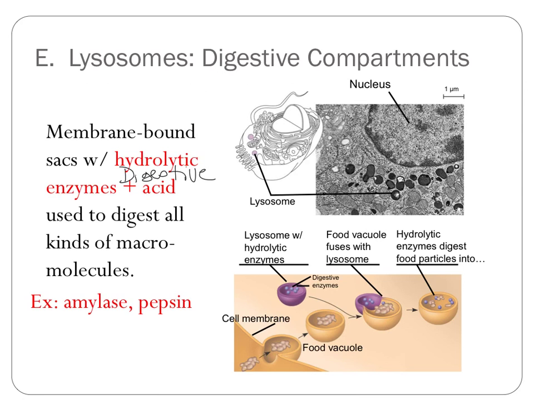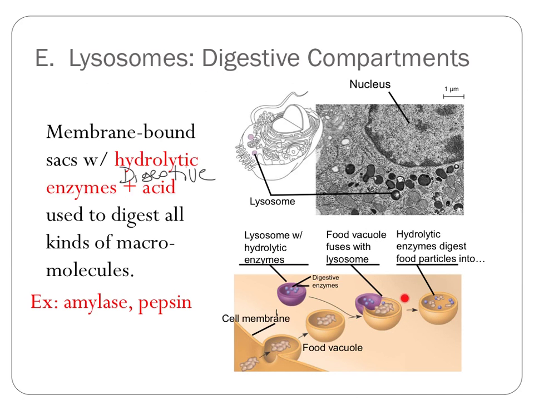It breaks down. So they have hydrolytic enzymes as well as acids. And so when food comes into the cell, or when there's something that needs to be broken down, maybe a cell part that has worn out or hasn't been made correctly, the lysosome will come, and since this is a little bag of membrane and this is a little bag of membrane, they can fuse together because they're all lipids.